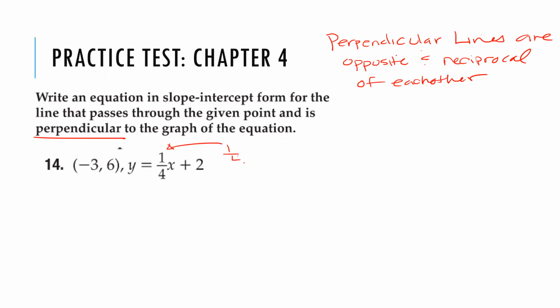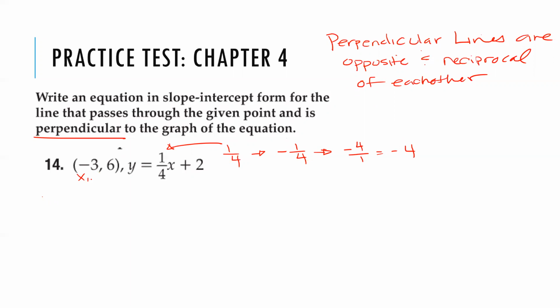So the slope is 1/4. Well, the line that is perpendicular is going to be the opposite of this. So the opposite would be negative 1/4. Opposite of positive 1/4 is negative 1/4. And then the reciprocal of negative 1/4 is negative 4 over 1, which is equal to negative 4. So now the slope of the line that's perpendicular is negative 4.